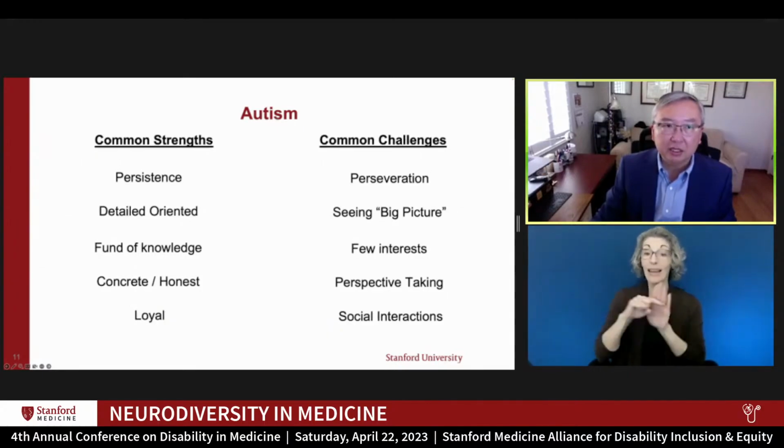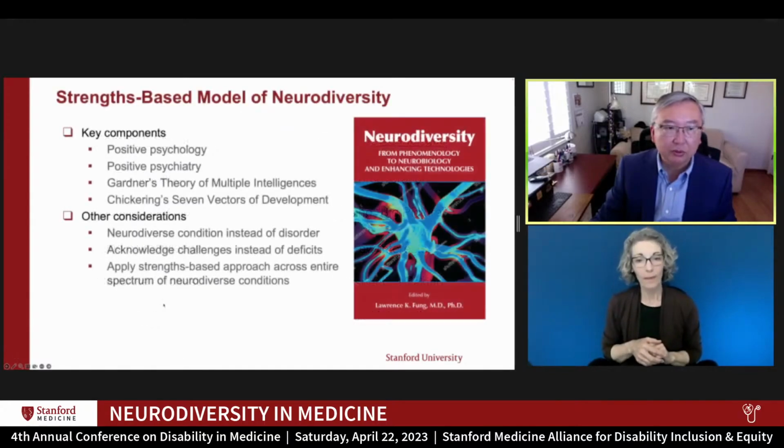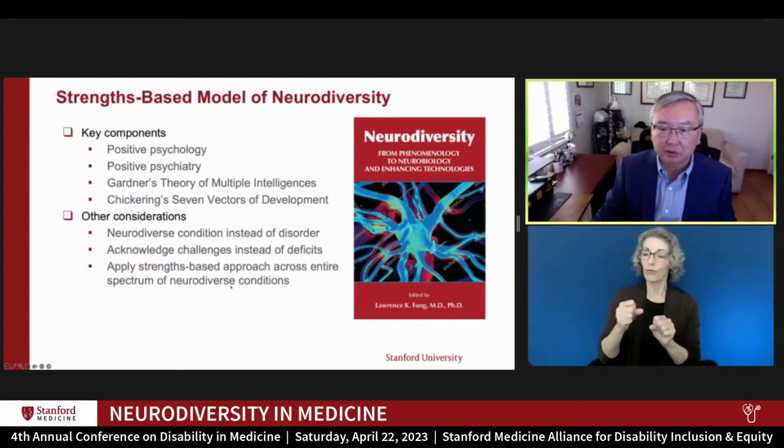The characteristics of autism will not be pivoted into strengths all the time. So that's the main reason why in the strength-based model, this is what we emphasize. Another thing is we want to apply the strength-based model across the entire spectrum of neurodiverse conditions.